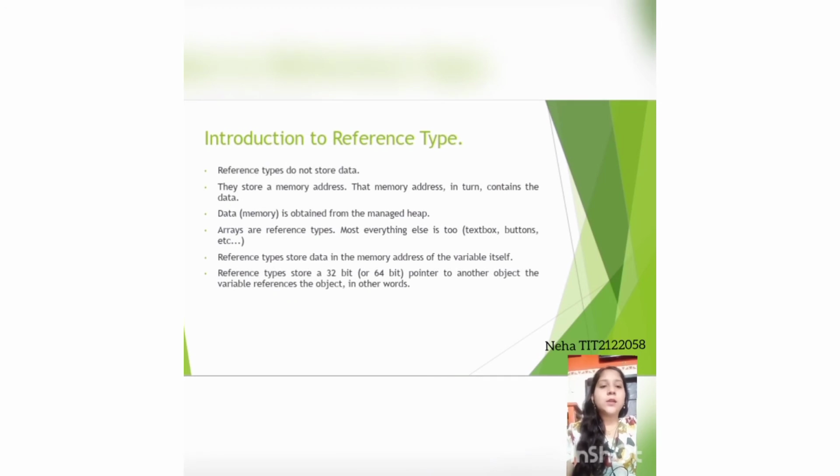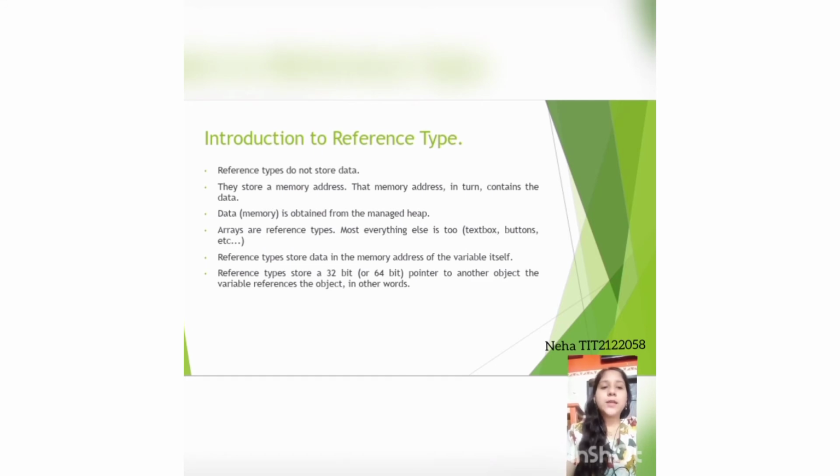Now let's see the introduction of the reference type. Reference types do not store the data; they store a memory address, and that memory address contains the data. Reference type memory is obtained from the heap, and it stores data in the memory address of the variable itself.